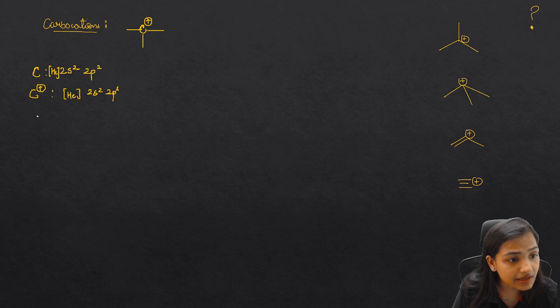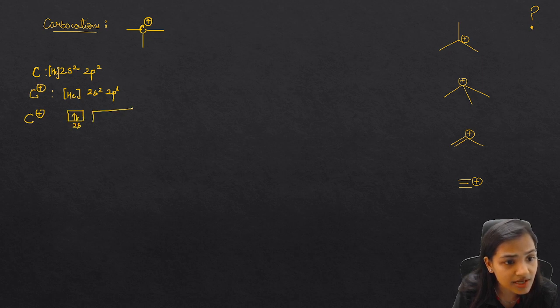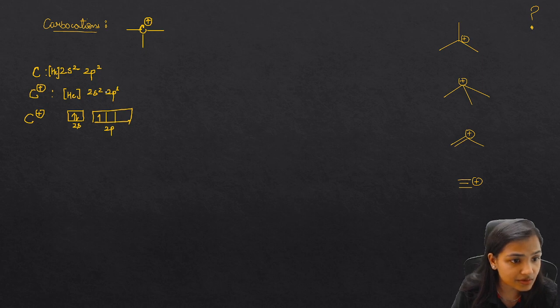Then this carbon with a positive charge will undergo hybridization. When you draw the orbital diagram, it will be 2s with 2 electrons, and a 2p orbital with 1 electron. These are the valence shell electrons which will participate in bonding.